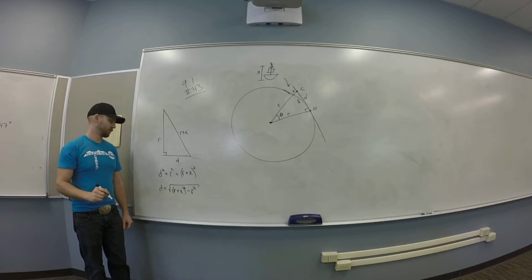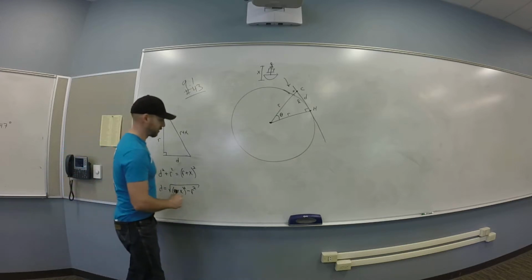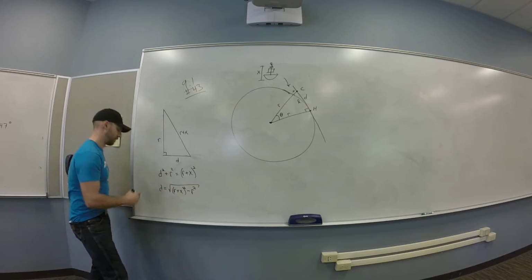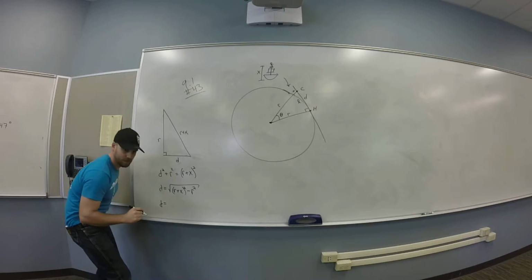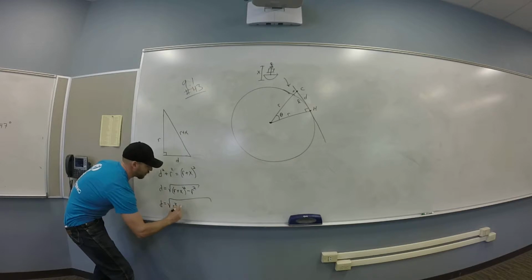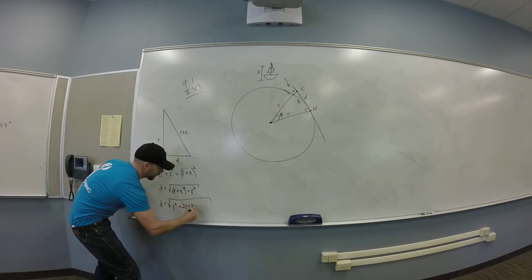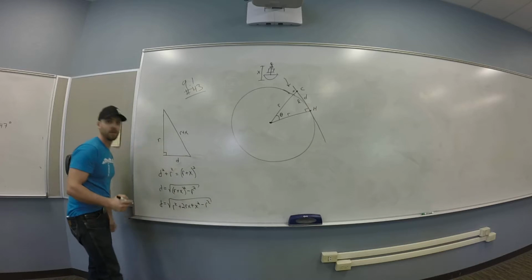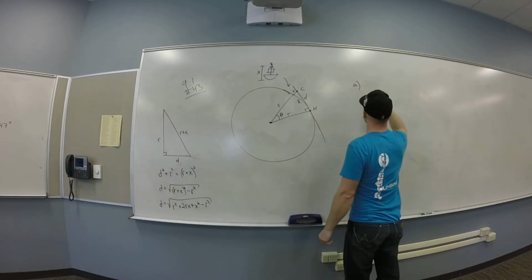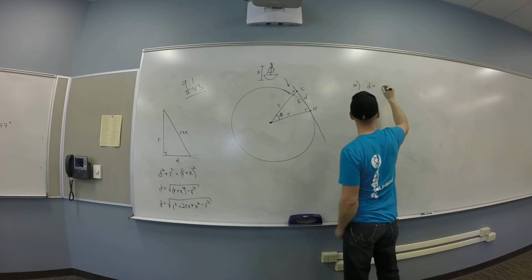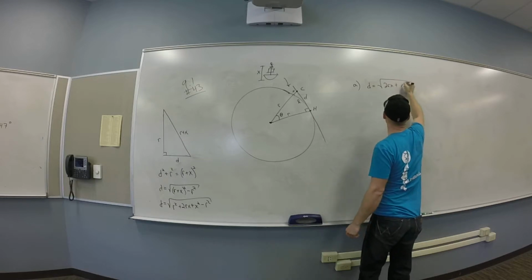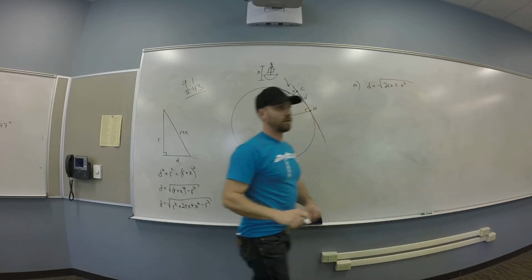Squaring out, that's r squared plus 2rx plus x squared minus r squared, so it's just 2rx plus x squared. So my answer for A is d equals the square root of 2rx plus x squared, which is the distance that the guy sees until the horizon.